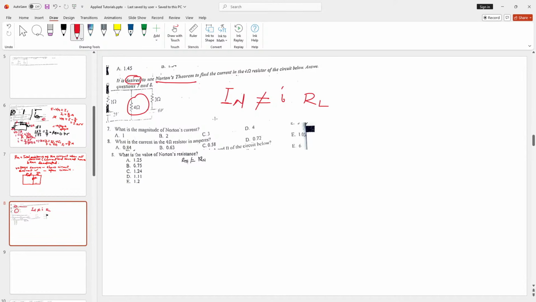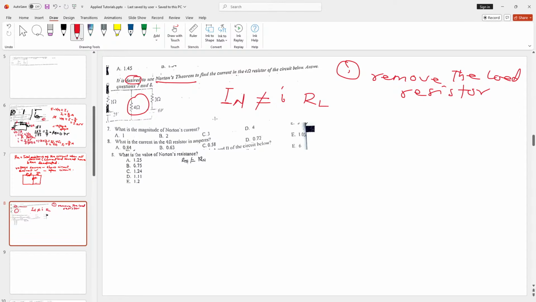So how do we solve this? Now, steps 1 and 2 say that we should remove the load resistor from the circuit. And the second step is saying that we should mark the 2 terminals.